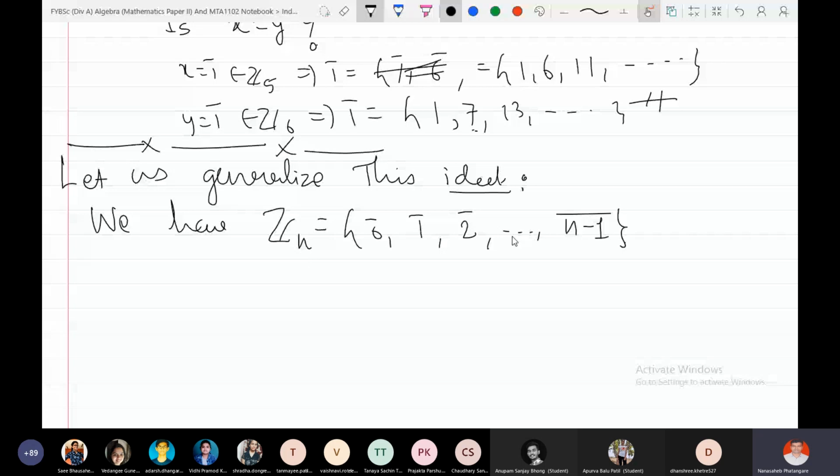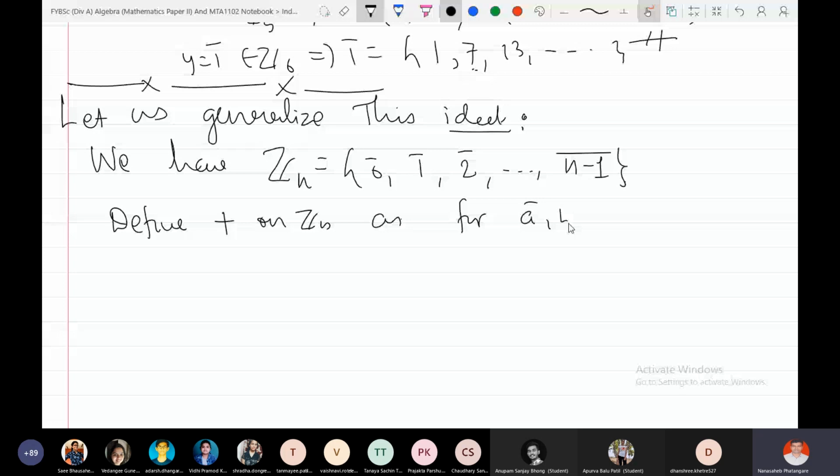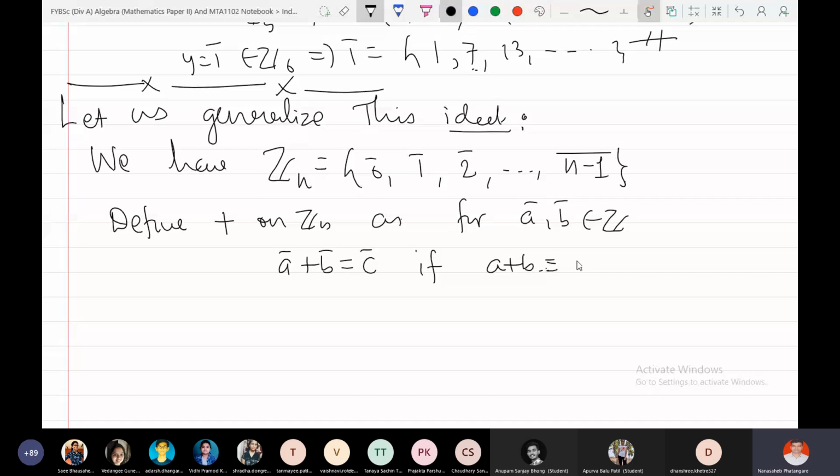These are classes. Now define addition on Zn, or addition modulo n, as follows: for a bar, b bar in Zn, if you choose any two members a bar and b bar, a bar plus b bar is equal to c bar if a plus b is congruent to c modulo n.